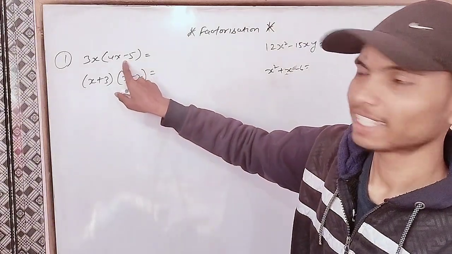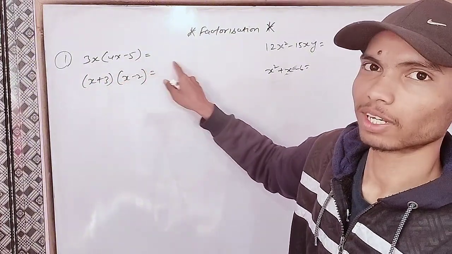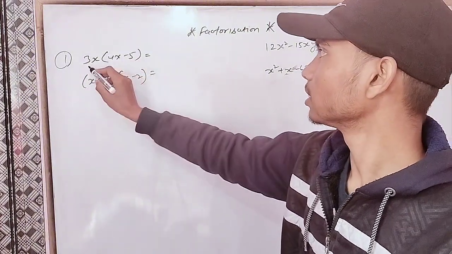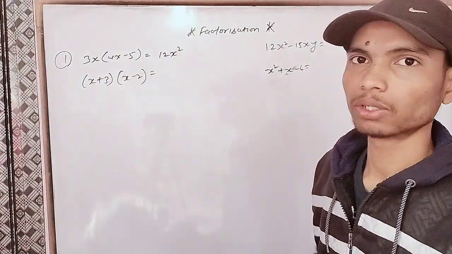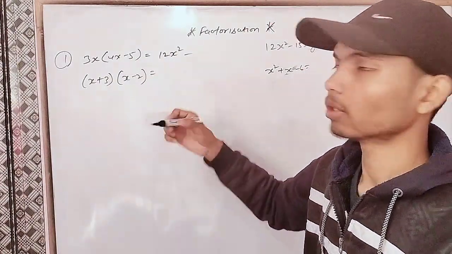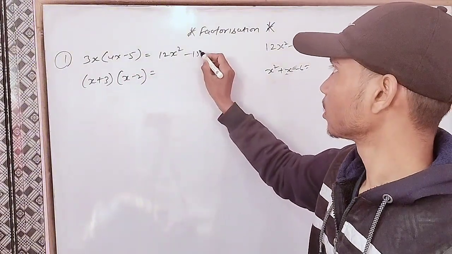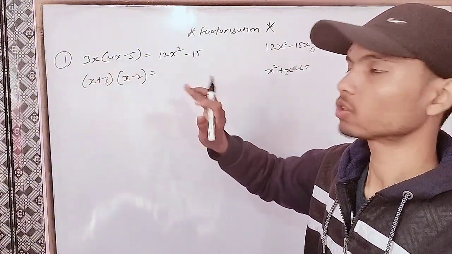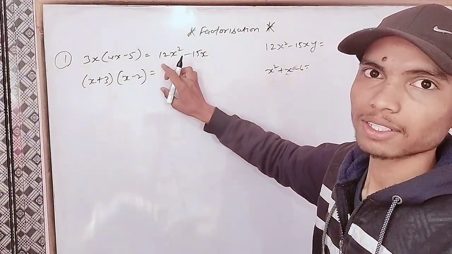We will take it, and then we will multiply this by this. We will get the answer. 3 times 4 is 12, and then x is how much? 2. Then we have the operation which is subtract, and then 3 times 5 is 15. But we have only one x. How much? Only one.